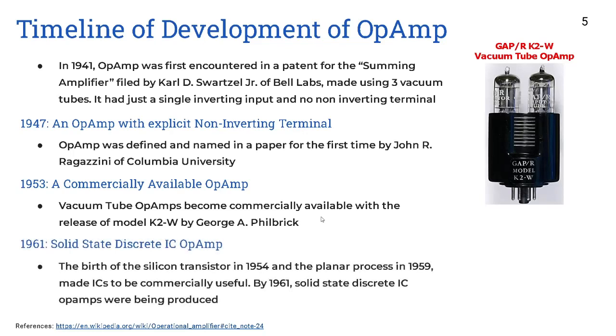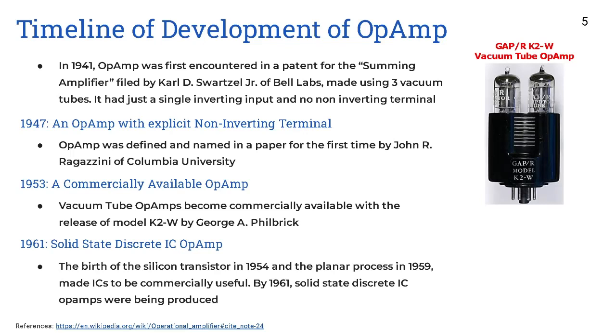And then in 1961, a solid-state discrete IC op-amp was introduced. The birth of the silicon transistor in 1954 by William Shockley and the planar process in 1959 by Jean Hoerni made ICs commercially useful. So the manufacturing operations became significantly cheaper, and it was ready to be made commercially available.